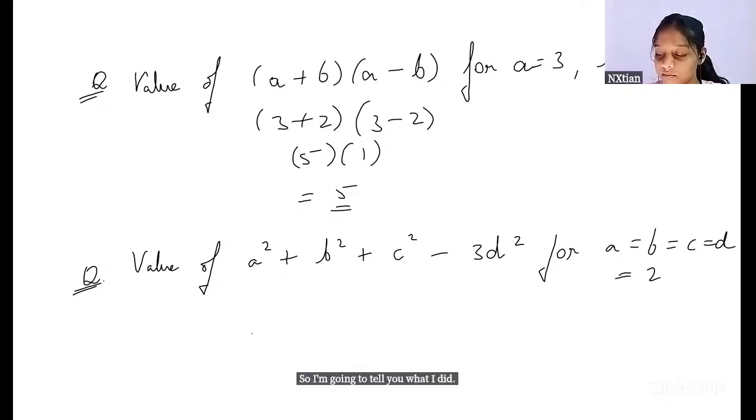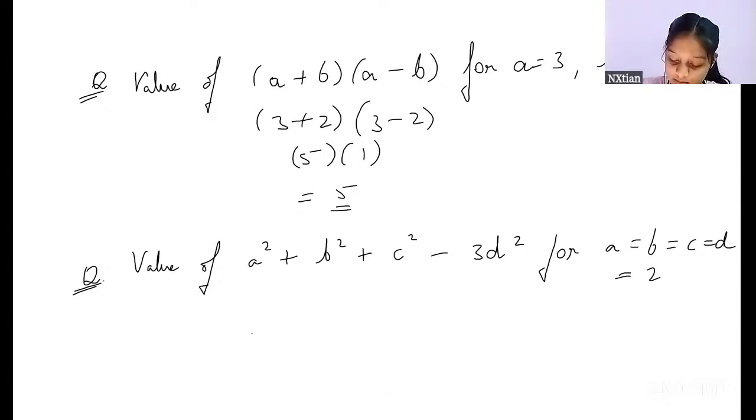Ma'am, is the answer 0? 0. We'll check it out. First, all of you try it, and then later we'll check. I got the answer, ma'am, the answer is 1. You got 1, Sunyan got 0.